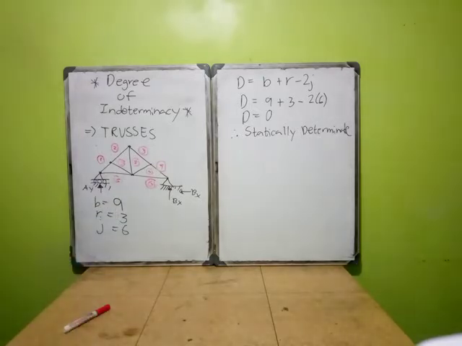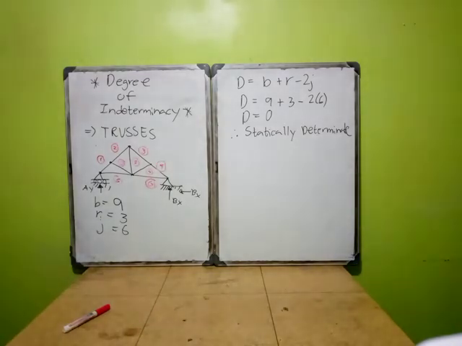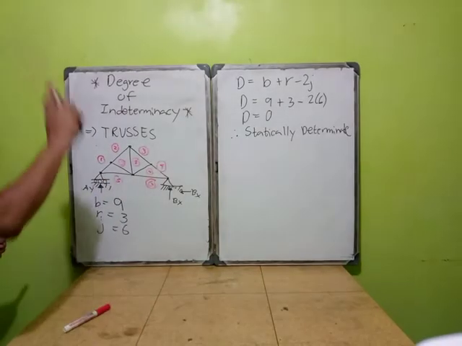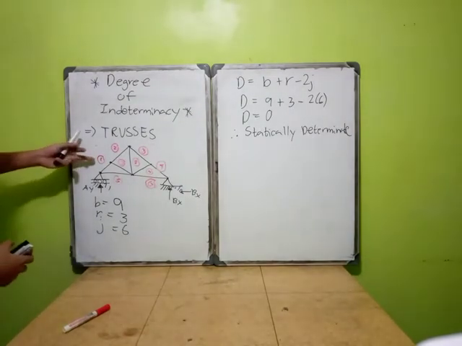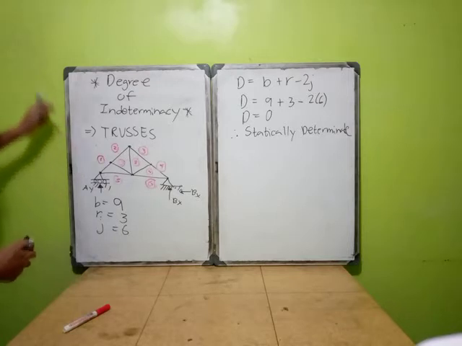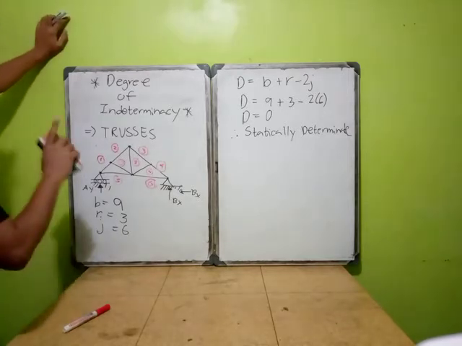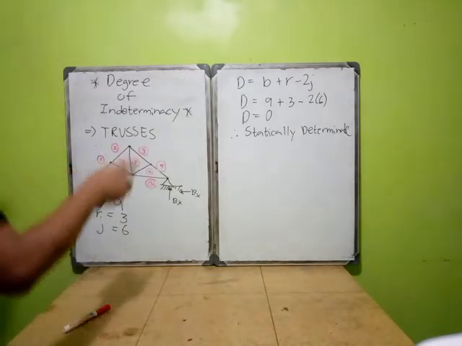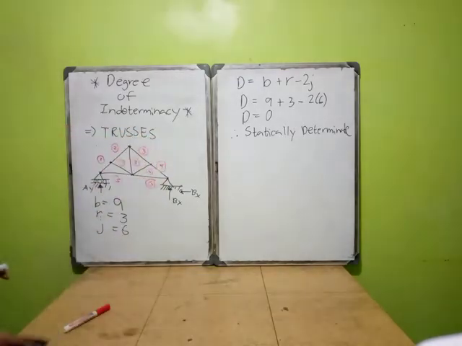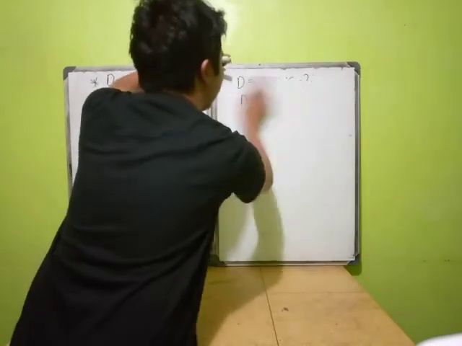Okay? So, what if we slightly change the setup of this truss? Let us say, in this example, statically determinate. So, maybe, erase ko muna.